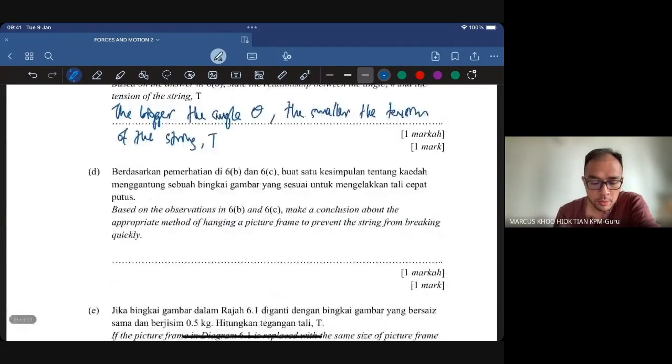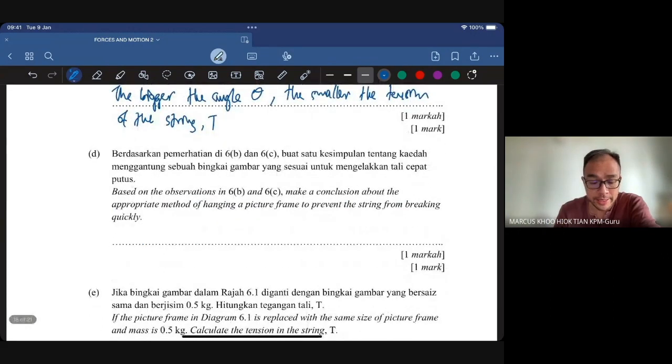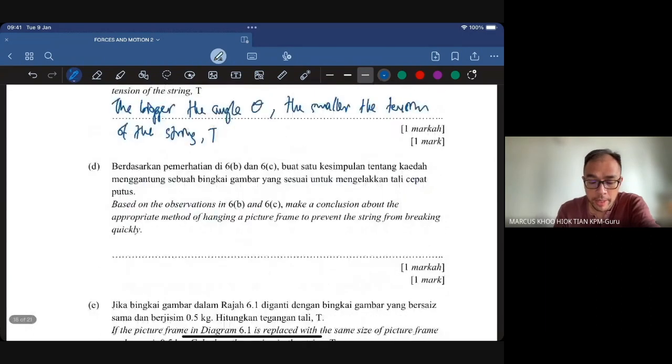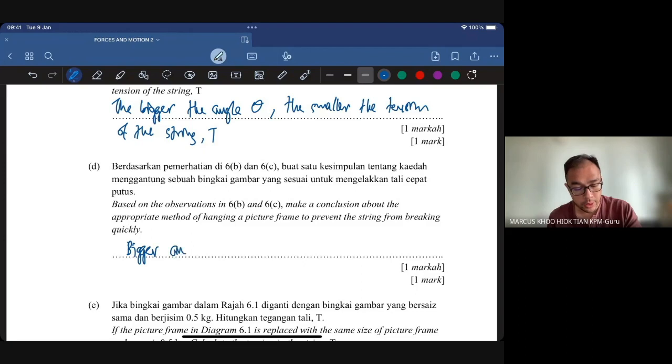Okay, based on the observations in 6B and 6C, make a conclusion about the appropriate method. Do you want to use a smaller angle or a bigger angle? Obviously you want a bigger angle. Use the bigger angle method, because bigger angle means smaller tension.